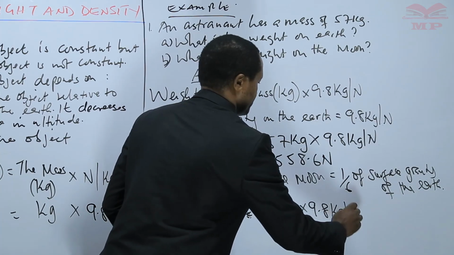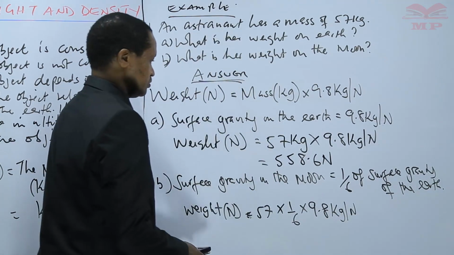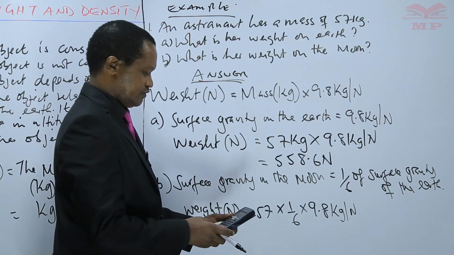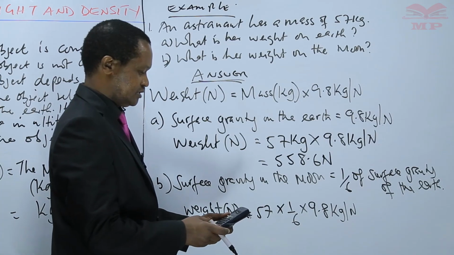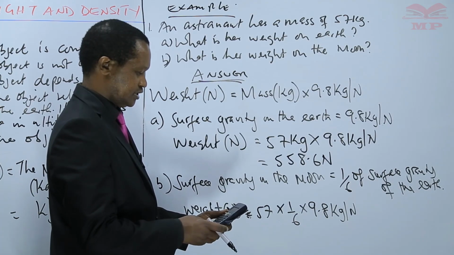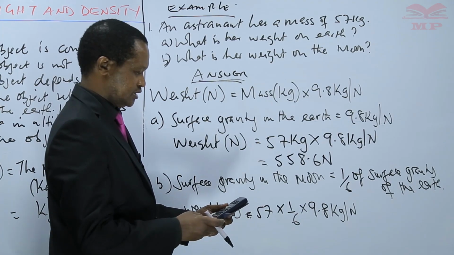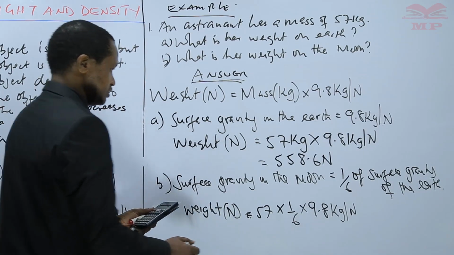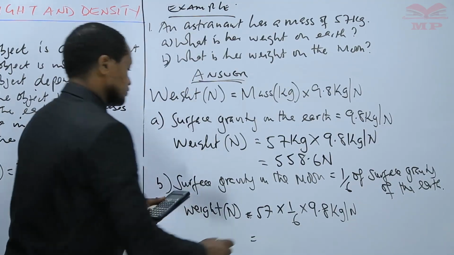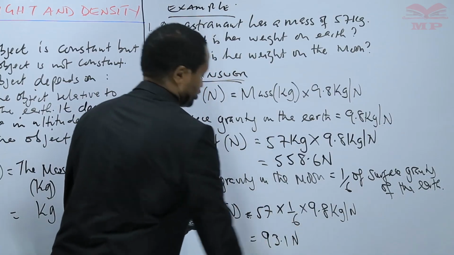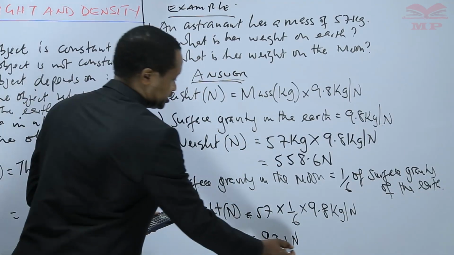So this will be equal to 57 times 9.8 divided by 6, which gives me 93.1 newtons.